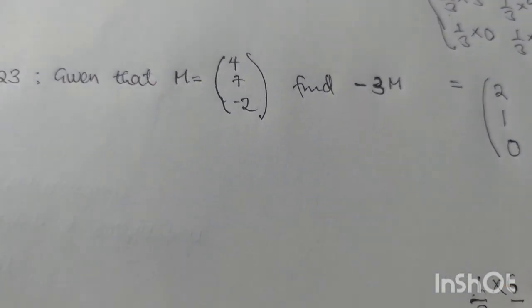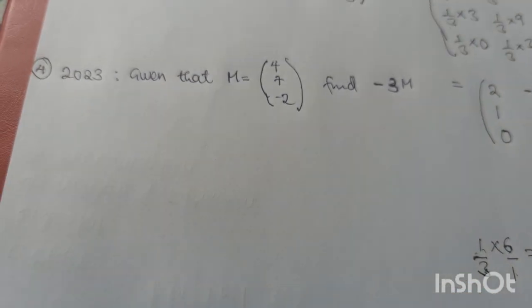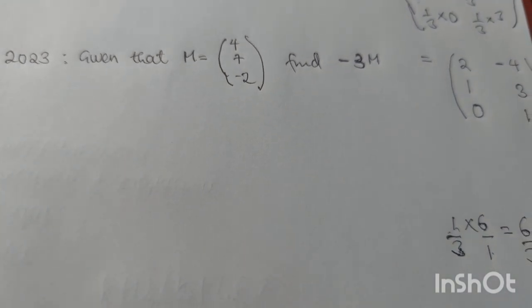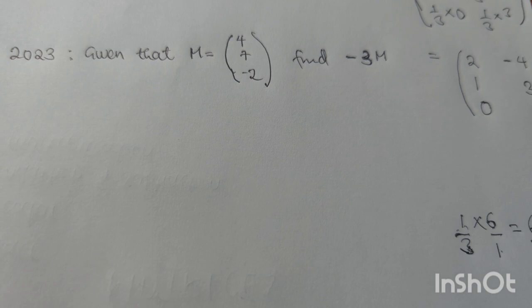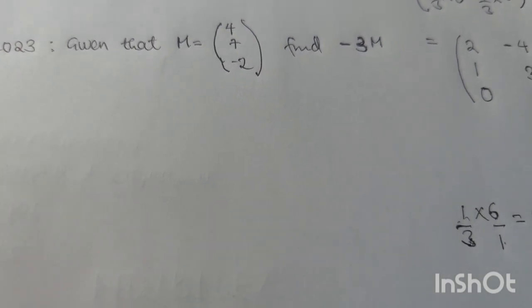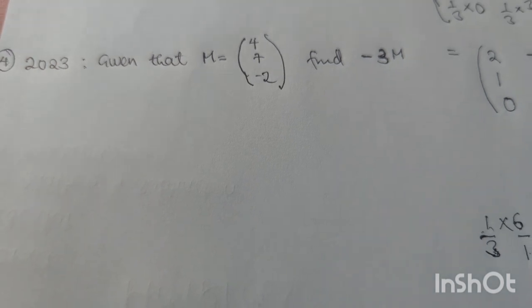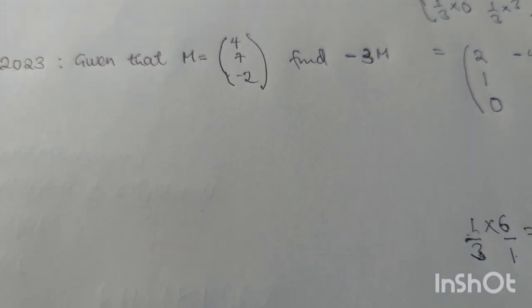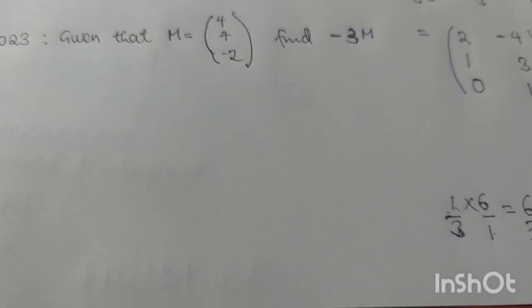Let's go to our very last example for today, and this one is from 2023. So given that m is equal to 4, 7, and -2 as our entries, find -3m. In this case, our scalar is negative, and for addition and subtraction, they like negative scalars so that people get confused a bit.